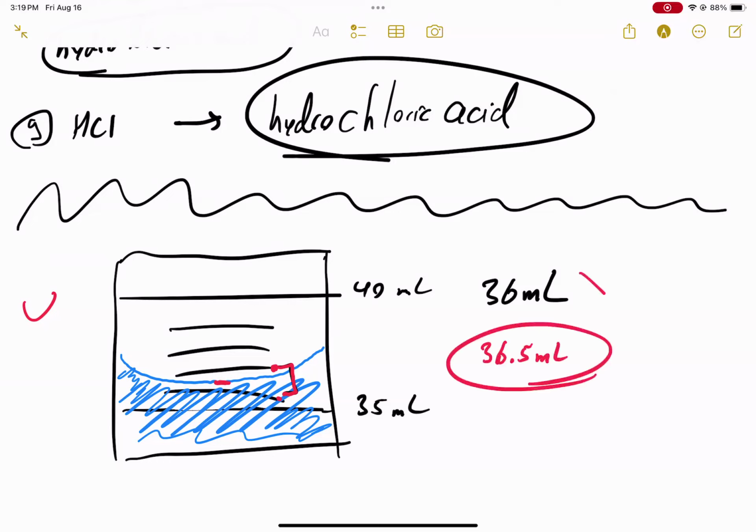Because the 36, I have 2 exact significant figures. Those are the numbers that I do know for sure, no doubt about it. But the 0.5, I'm not too sure if it's 0.5. It could be 0.4. It could be 0.6. It could be 0.3. I don't know. I'm just inferring that number based on what I see. But for now, I think 0.5 is a very safe bet. So then that's the more relevant example I want to show as sig figs.